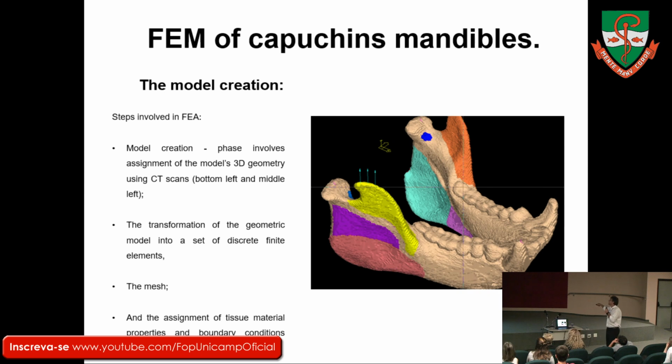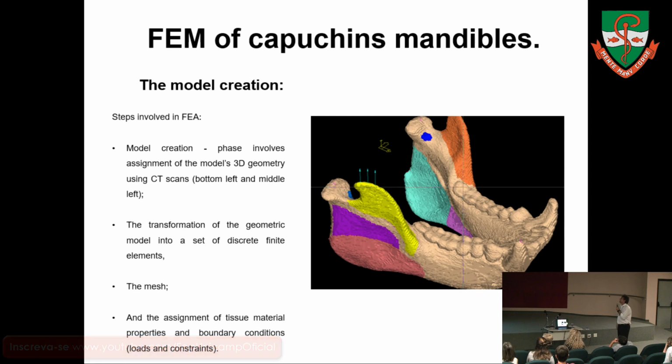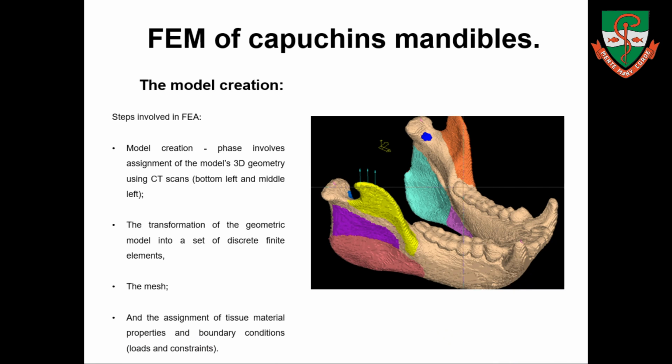So now the steps of the model creation. When I arrived in Chicago, the model was done. I think it was Courtney that worked on this model before I arrived. But the steps are the same.